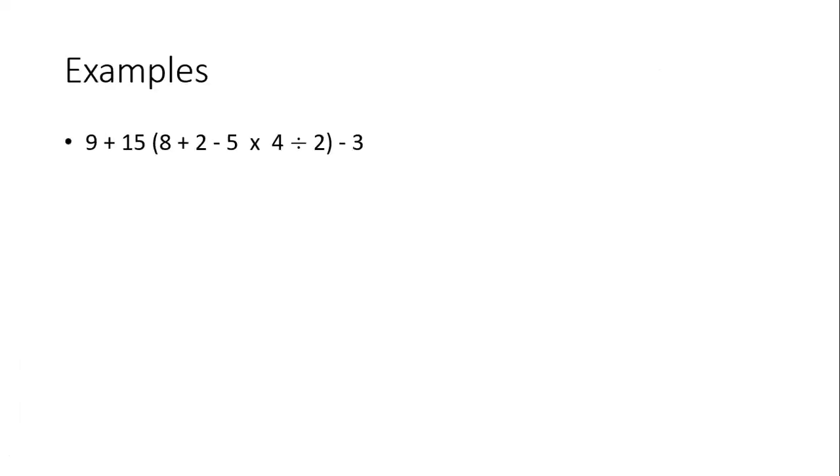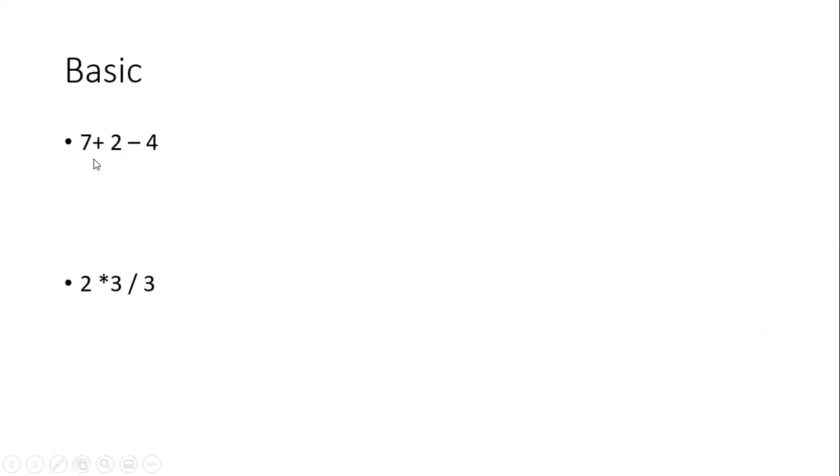The BOMDAS thing matters when we have something like this. Now, this might look pretty scary at first, like, oh my gosh, that's so convoluted, so many things happening at one time. And what we realize is that this example is different from these two. These were of the same priority. Addition and subtraction, same priority. Multiplication, division, same priority. So it didn't really matter which one was done first.